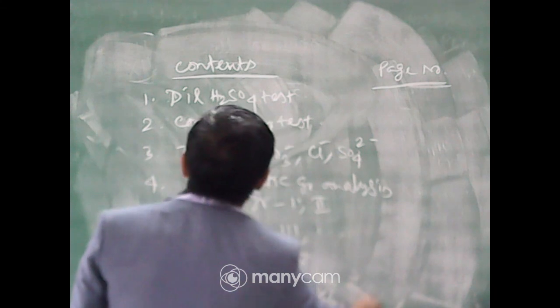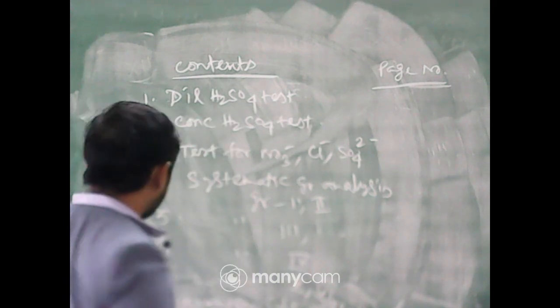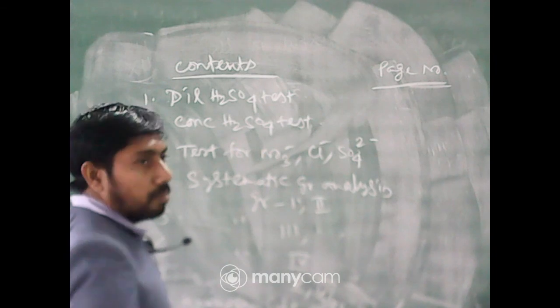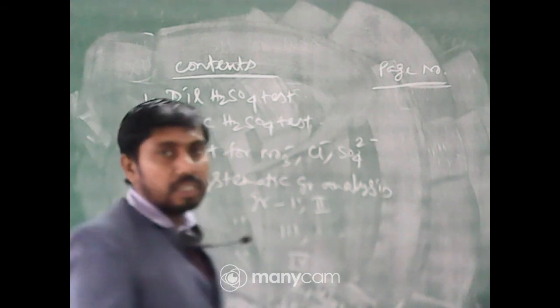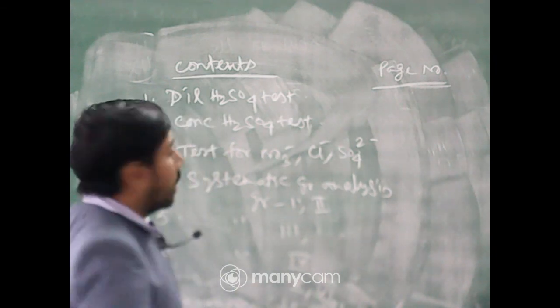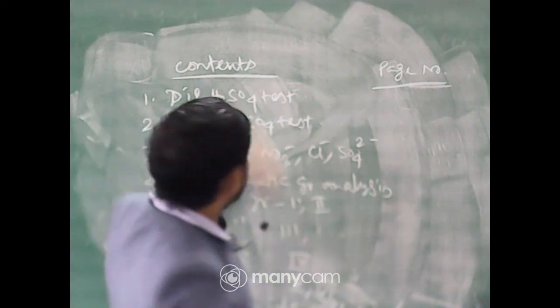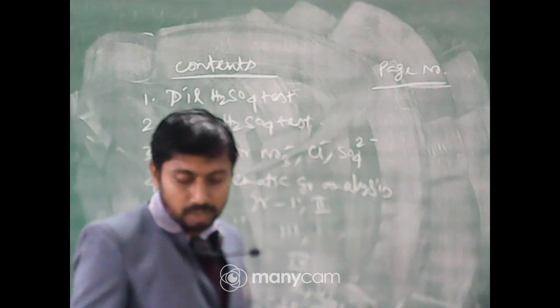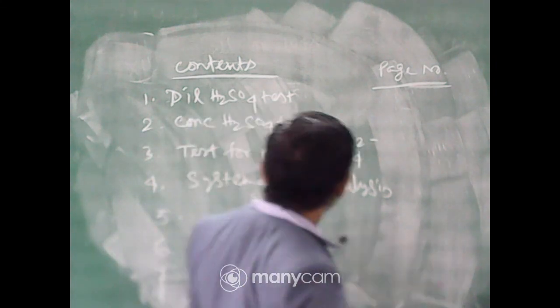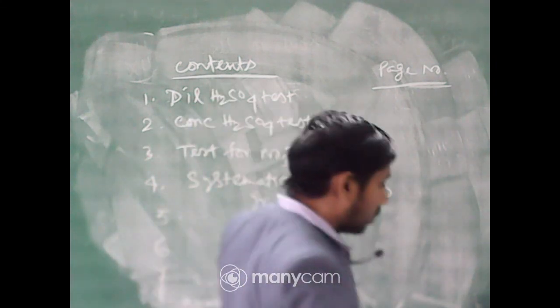Also you have the volumetric analysis and the organic functional groups. So ultimately from 8 you will write 4 or 5 unknown salts: 8, 9, 10, 11, 12, then 2 volumetric analyses, 12 to 14, and the organic 2. In total, 16 titles will be there in the contents. Okay, in that way you will write. This is only for the inorganic part.